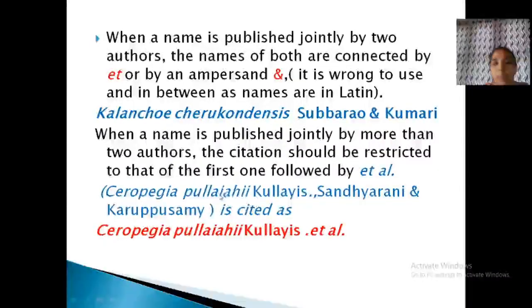Ceropegia pullaiah is the species, then Kullaiswamy, Sandhyarani and Karuppusamy. How will you cite it? Ceropegia pullaiah Kullaiswamy et al. What does et al. mean? There are two or more authors combined here. So only the first author we mention, and the others are written as et al. When two are joined by et or ampersand, otherwise et al. Clear? This is also very important, author citation.